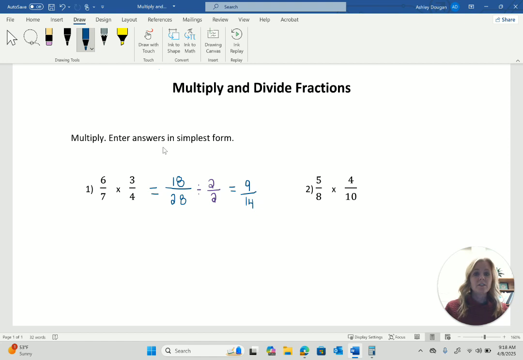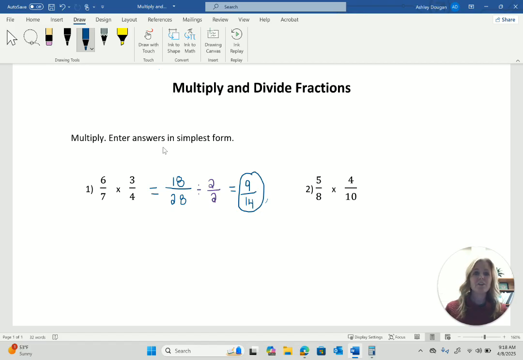If you just want to double check that there's no number that divides evenly into 9 and 14, think about the factors of 9, which would just be 3 and 9, right? And none of those will divide evenly into 14. So I know that this is in simplest form, but that's something to double check, especially if you're taking a test and you want to make sure that your fraction's in the right form.